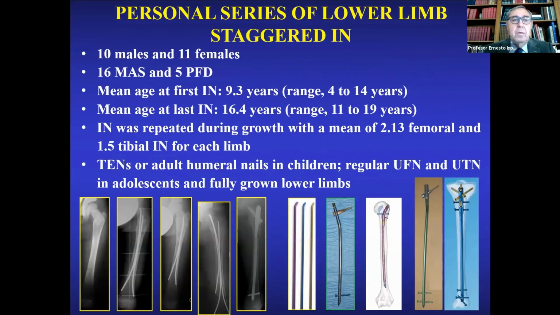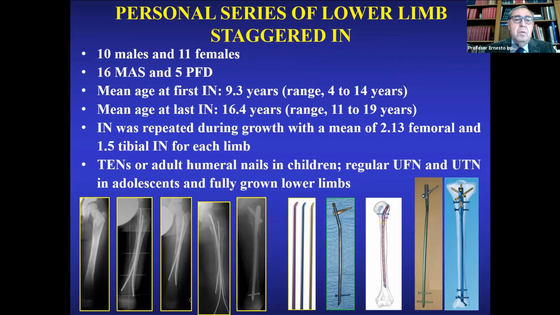There were 10 males and 11 females, 16 McCune-Albright and 5 polyostotic fibrous dysplasia. The mean age at first intramedullary nailing was 9.3 years. The mean age at the last intramedullary nailing was 16.5 years.